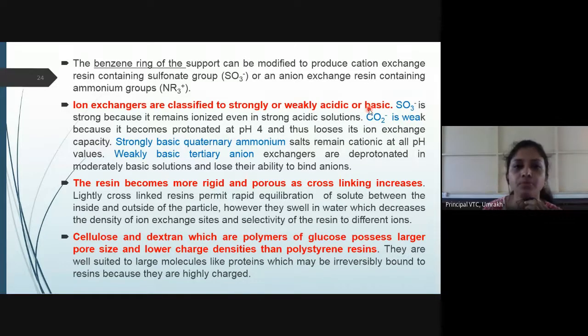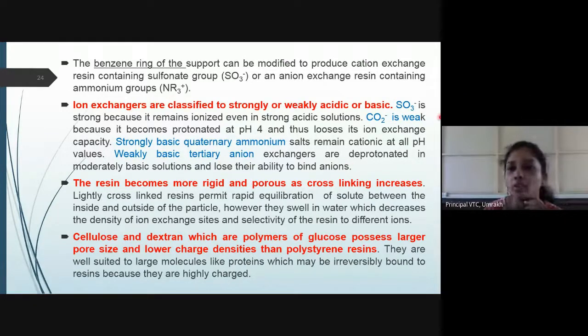Strongly basic quaternary ammonium salt remains cationic at all pH values, while a weakly basic tertiary amine anion exchanger will be protonated even in moderately basic solution, so it loses its ability to bind anions.